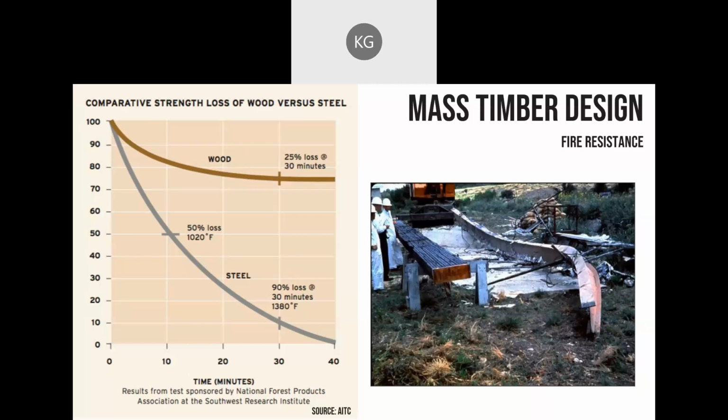And the chart on the left here is showing time on the x-axis and percent strength on the y. And what it's showing is that after 30 minutes exposed to the fire, the structural steel has lost 90% of its structural properties. And after that same 30 minutes, the wood has lost about 25%. So you do have to make sure you've got enough mass to take care of that when you're designing for a fire event, but it really performs quite well.